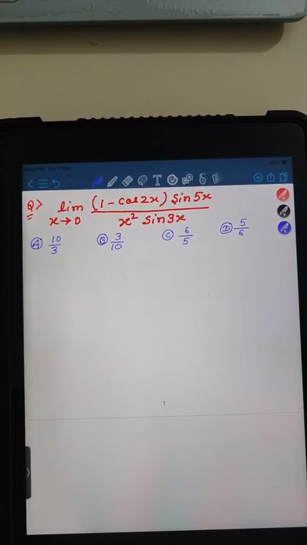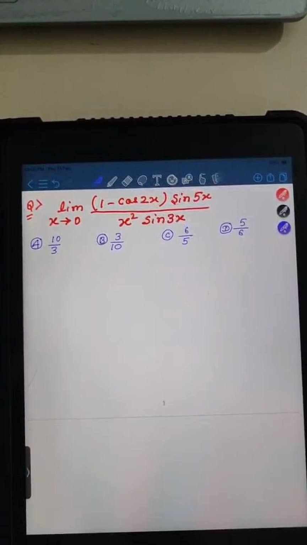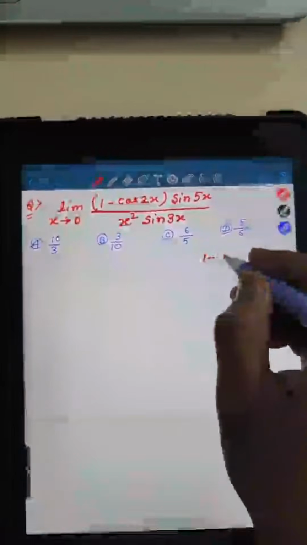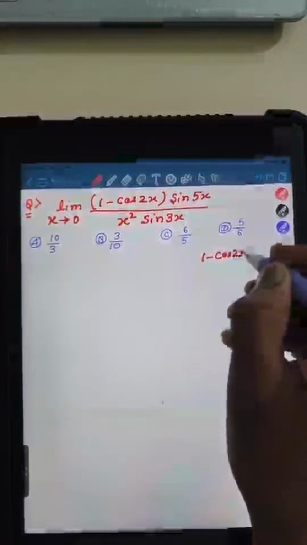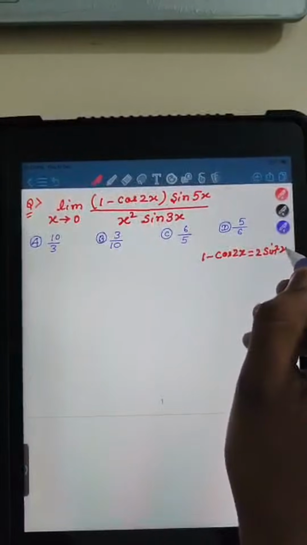The expression is 1 minus cos 2x, into sine 5x, upon x square, into sine 3x in the denominator. You can use 1 minus cos 2 theta is 2 sine square theta, so 1 minus cos 2x equals 2 sine square x.